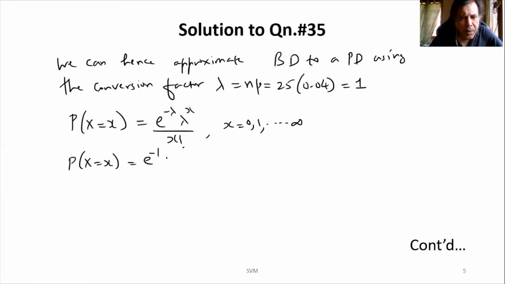So 1 to the power of x by x factorial. Now 1 to the power of anything will be 1 only. So I can simply write it as e power minus 1 by x factorial.